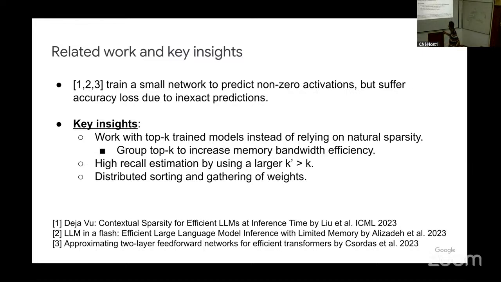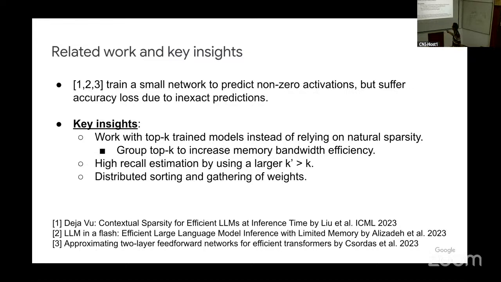So the second intuition is that the main reason that these earlier works were lossy because of these inexact predictions is because they were not able to capture all the non-zeros, because whenever you're doing some kind of approximate computation, you are bound to not get some of the correct ones.